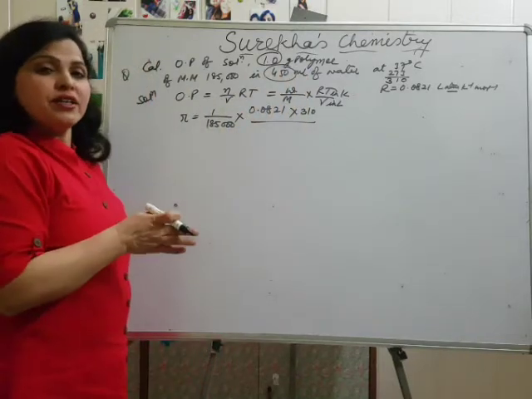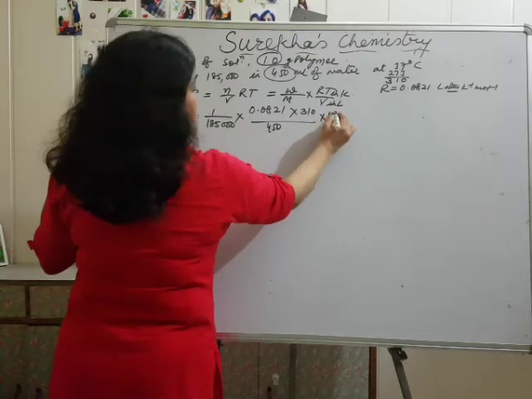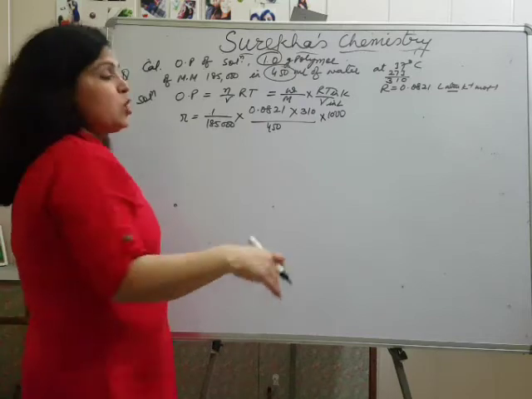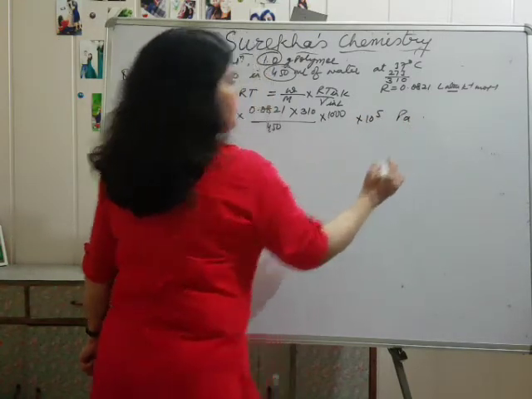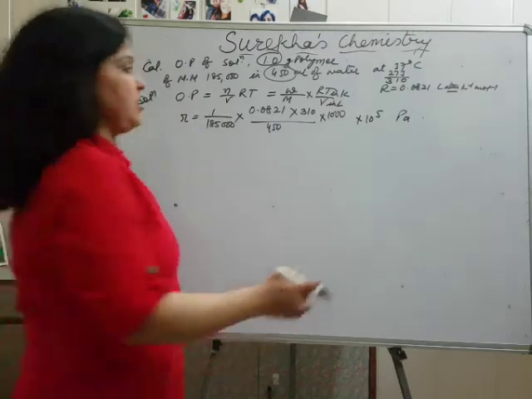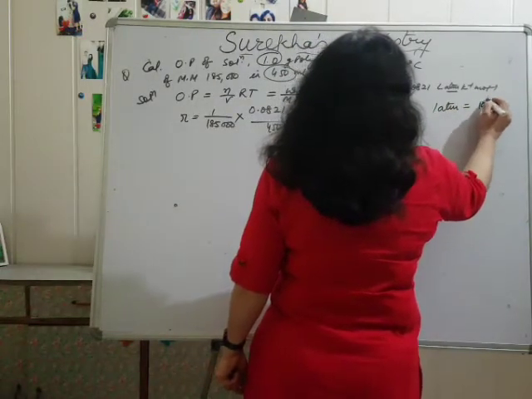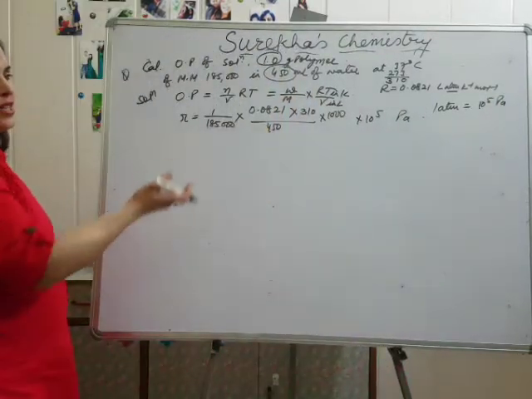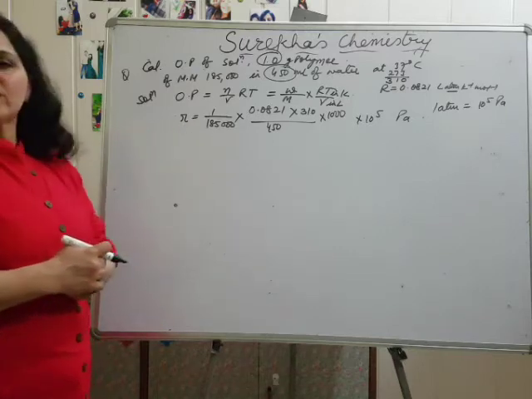It is to be converted into liters. So 450 into 1000. जो भी आपका आंसर आएगा उसको 10 to the power 5 से मल्टीप्लाई कर देना, आपका आंसर पास्कल में आ जाएगा, क्योंकि 1 atmosphere is nearly equal to 10 to the power 5 pascals approximately. So we can multiply it by 10 to the power 5 and you can solve this numerical.